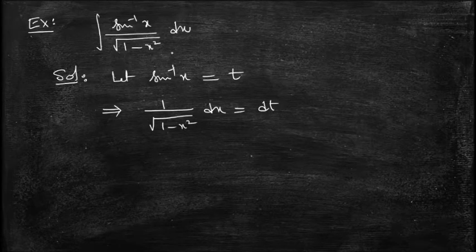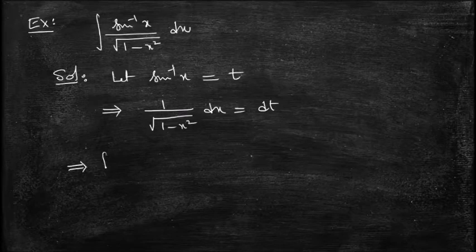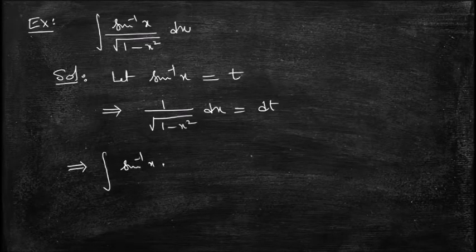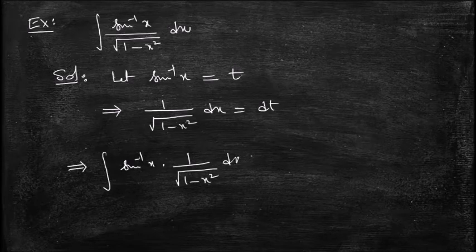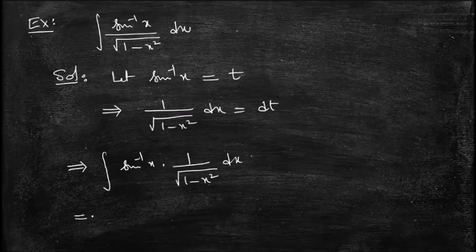Now if you observe the figure, I just want to separate and show you integration of sine inverse x into 1 by under root of 1 minus x square dx. It looks like this. So when I replace sine inverse x as t, this entire thing will be replaced by dt. So integration of t dt.